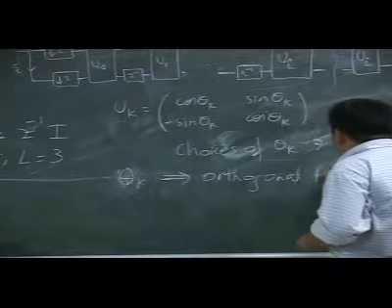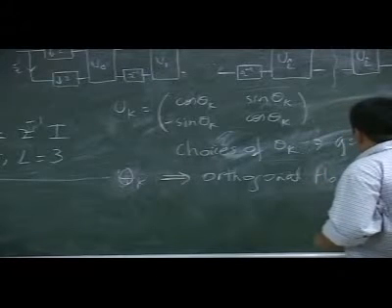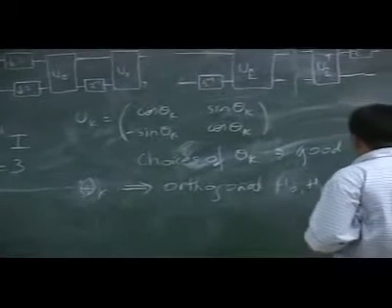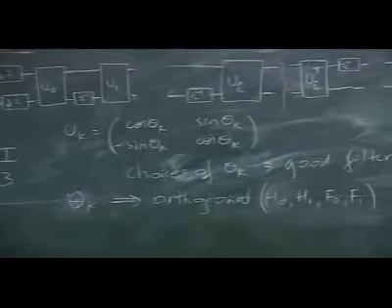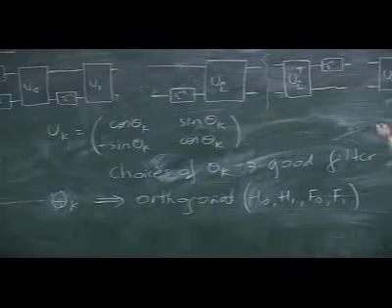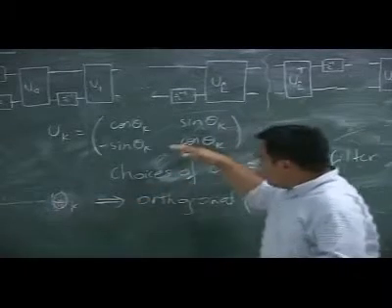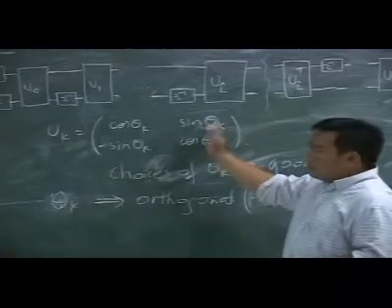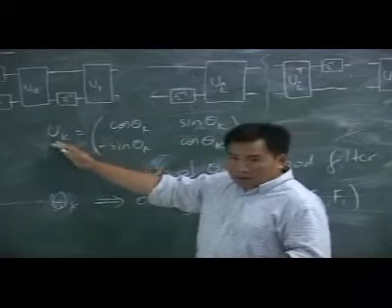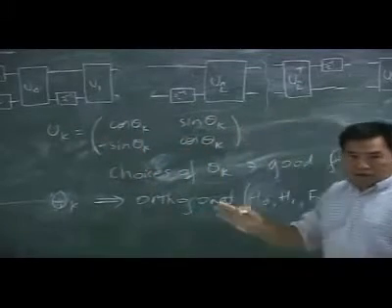Orthogonal filter bank is H0, H1, F0, F1, right? And you can prove it from here. As long as you're using this form, arbitrary theta k is orthogonal, and therefore the system is orthogonal. It's a simple proof.